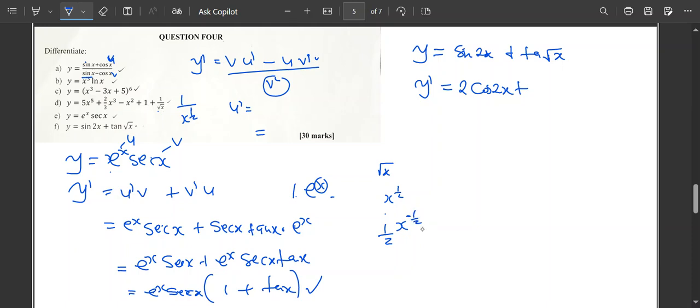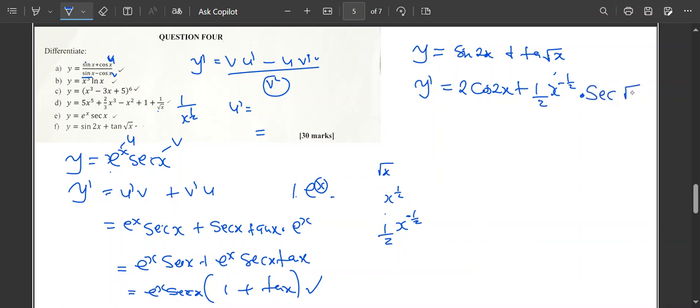So differentiating this function gives us 1 over 2, x to the power negative 1 over 2, times, now differentiating the tan, tan is differentiated as sec x.